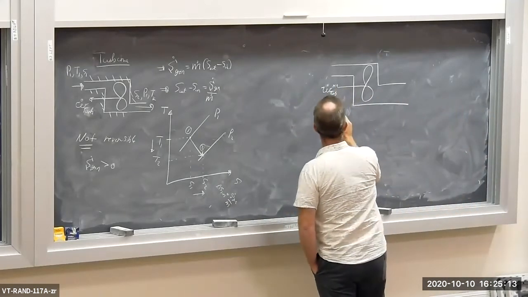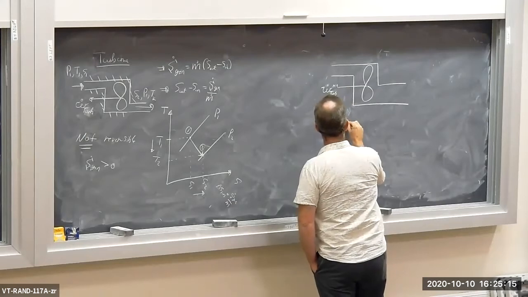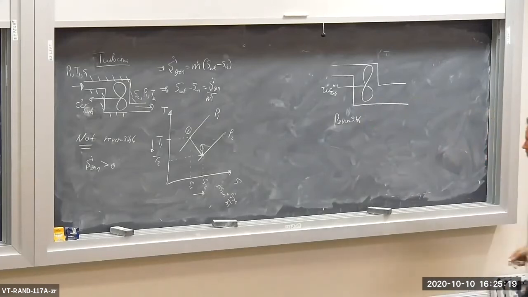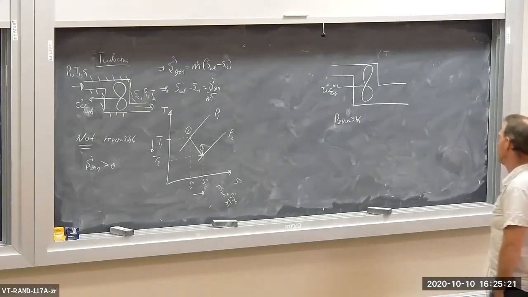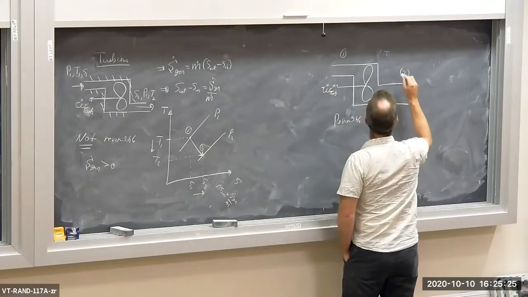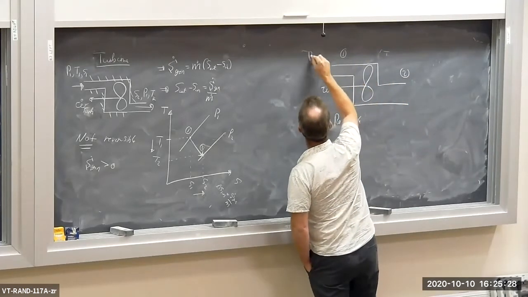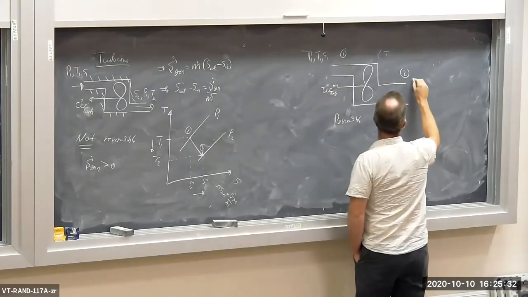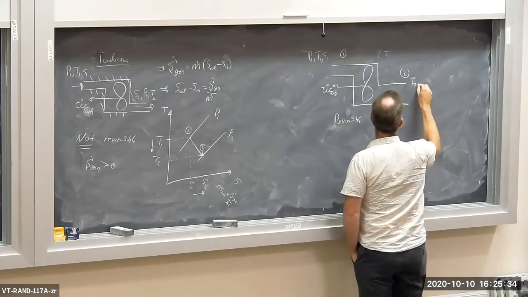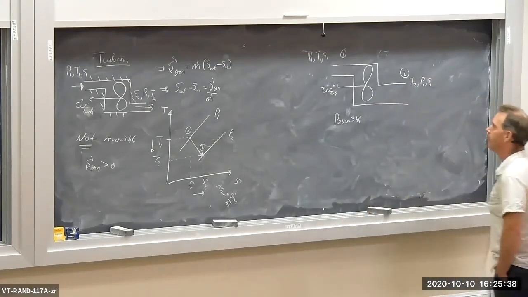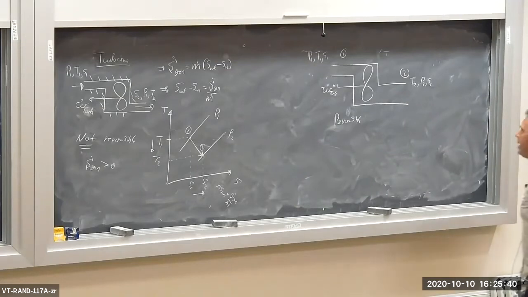So this is the reversible turbine. So this is the inlet, this is the outlet, and so we have a P1, T1, and an S1. We have a T2, a P2, and an S2. Okay, this is the reversible turbine. It's also adiabatic.